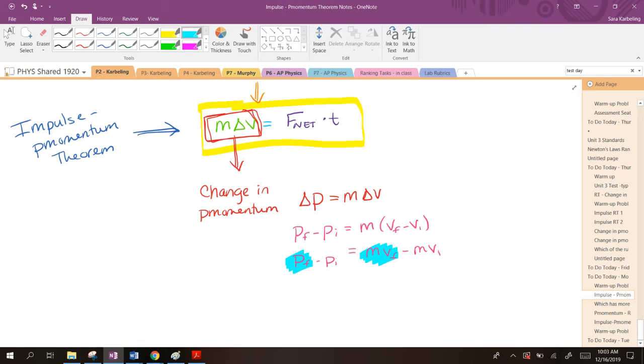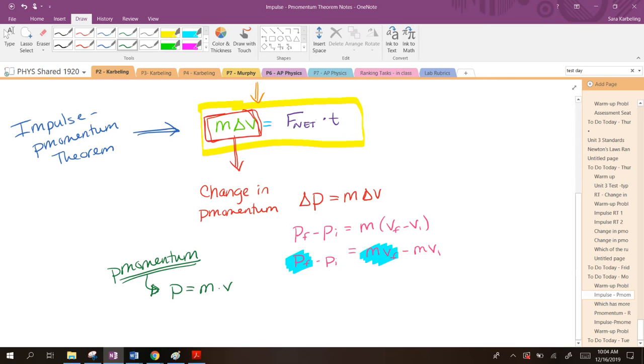Okay. This new quantity, new day, new unit, new quantity, this idea of momentum, it's just two values multiplied together, okay? Mass times velocity. That's all it is.